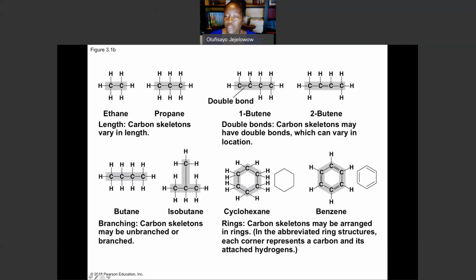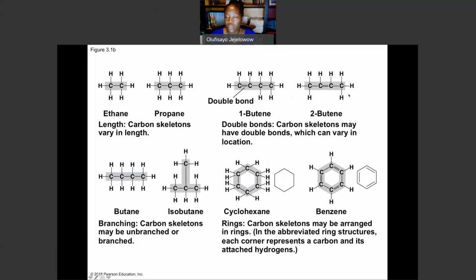The position of the double bond can start from carbon number 2, and then we have 2-butene. They are the same butene, but their double bonds originate from different carbon atoms, and so we name them as such.